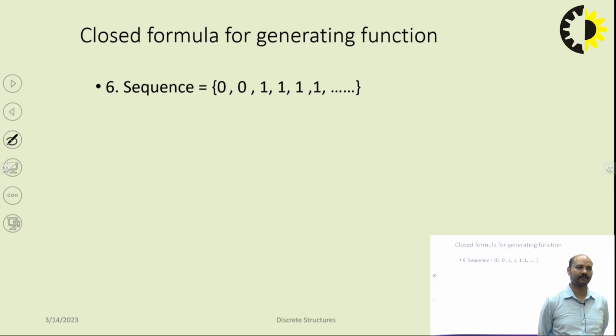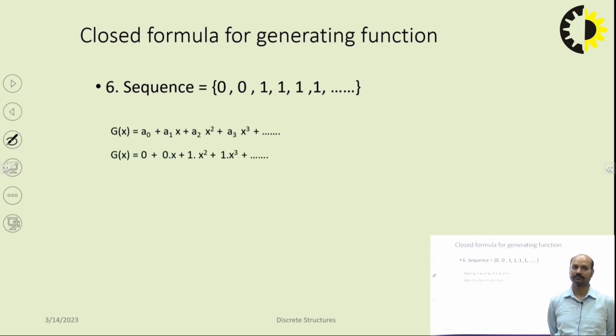What will happen if our sequence is 0, 0, 1, 1, 1 and 1 up to infinity? The initial two terms are 0. Then we substitute the values of a0 and a1 as 0 and the remaining coefficients are 1. Then 0 + 0·x + 1x^2 + 1x^3.